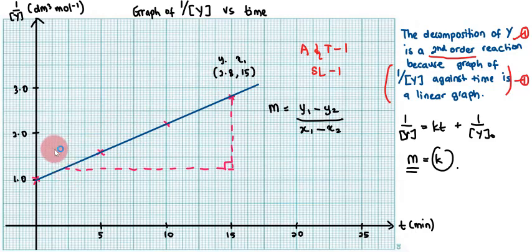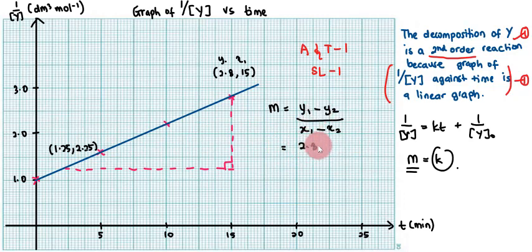Okay, untuk y2 pula, y2 kita adalah around 1.25. Alright, kita punya x2 pula adalah dekat sini. Okay, x2 kita adalah around 2.25 minutes. Okay, so kita masukkan dalam kita punya ni.